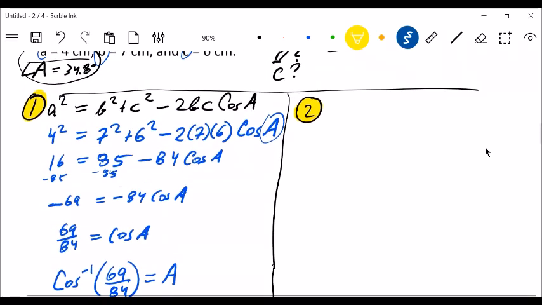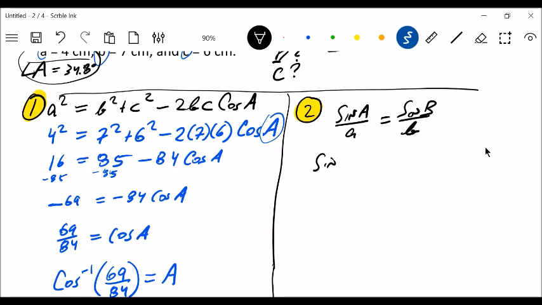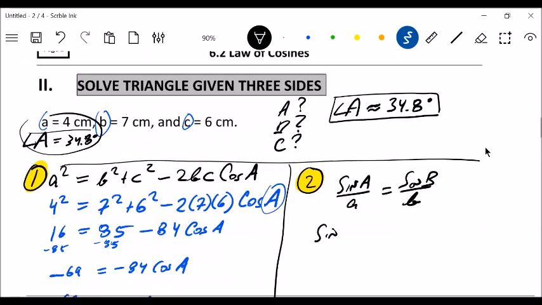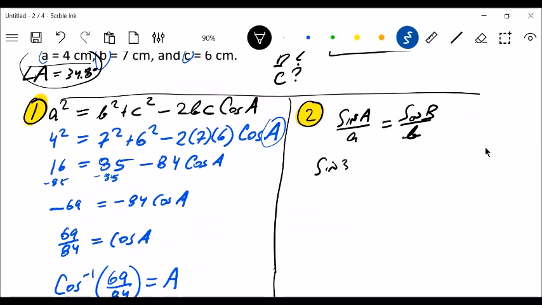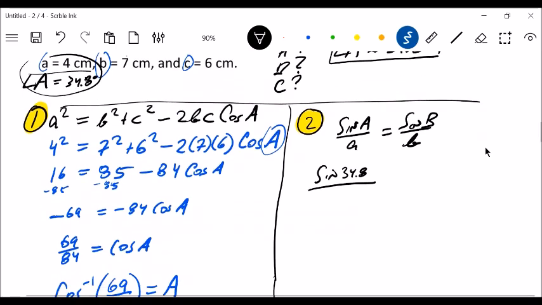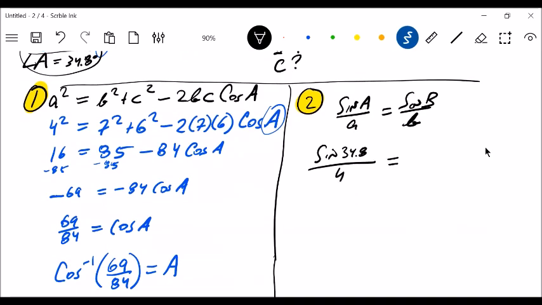So I'm going to use the sine of A over A is equal to the sine of B over B, because I know that A is 34.8 degrees. And I'm going to divide that by the amount of A, which is 4. And the sine of B, I don't know. But I do know that the amount of B is 7.